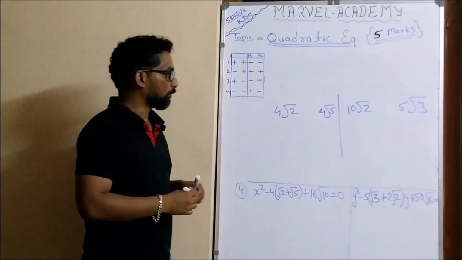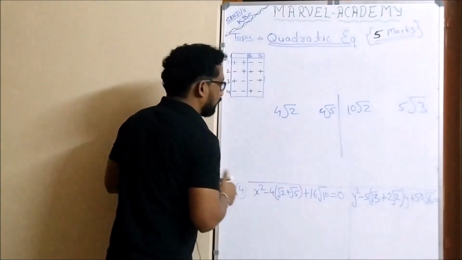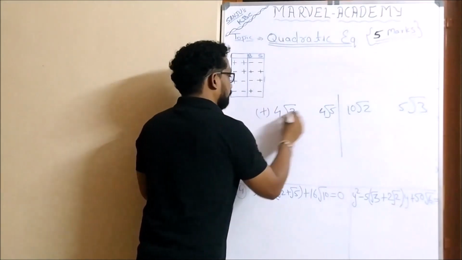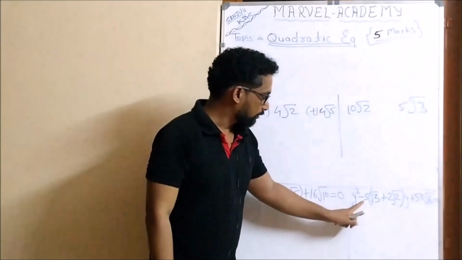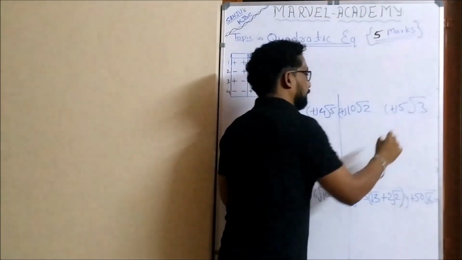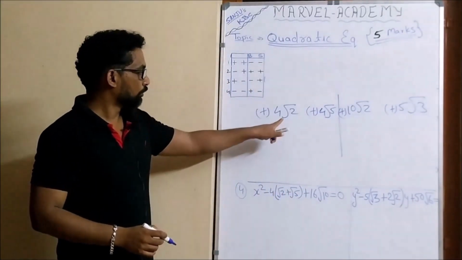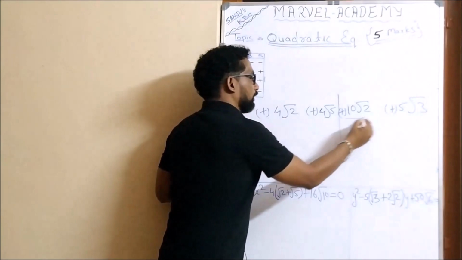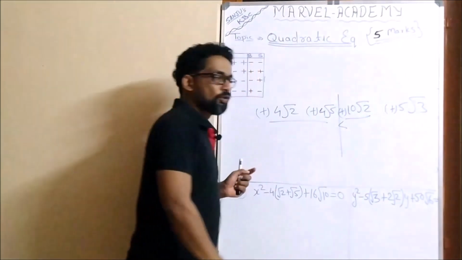Okay. Now sign minus and plus becomes plus plus. Here minus plus, plus plus. Now we have to compare these values. So definitely this 10 root 2 is bigger than these 2 values.